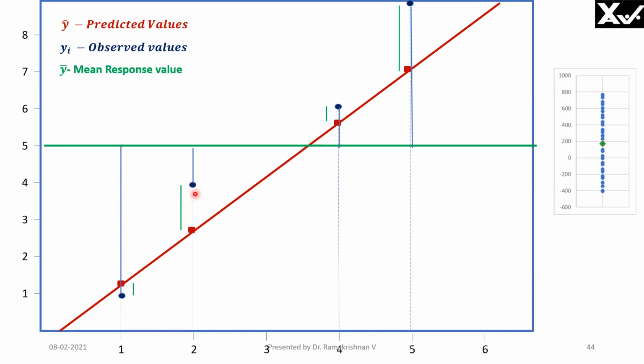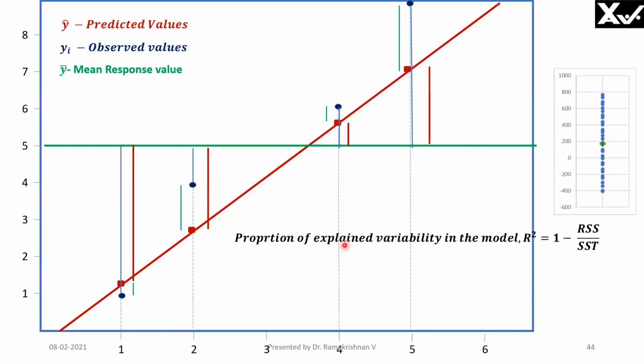This is the unexplained deviation. We squared this length, obviously to avoid the cancellation of positive and negative values, added all the values, and we call it the residual sum of squares. The ratio of the residual sum of squares to the sum of squares total is called the unexplained proportion of variability in the model. Now, the explained deviation is these red lines here. How did we get this proportion of explained variability in the model, R-squared?